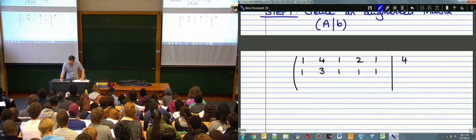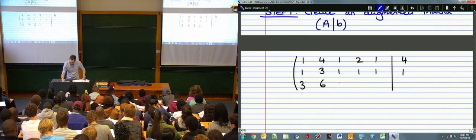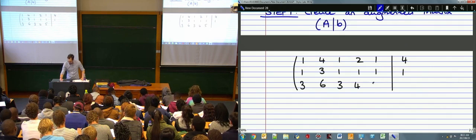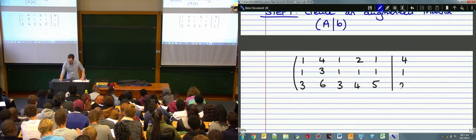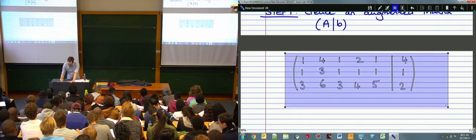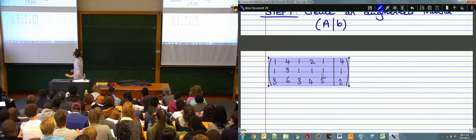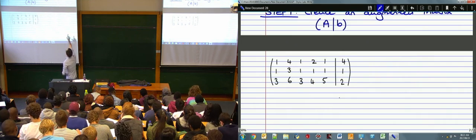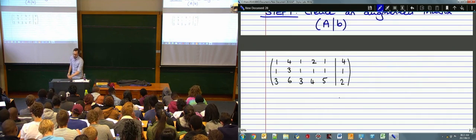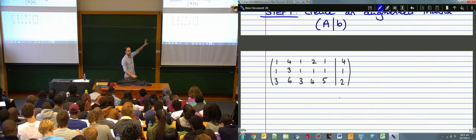Should actually draw this slightly smaller, since I'm going to want at some stage to fit 2 of these next to each other on the same sort of row. So that's just about the right size that we can fit a second copy of it off to the side, which is what we'll do later.